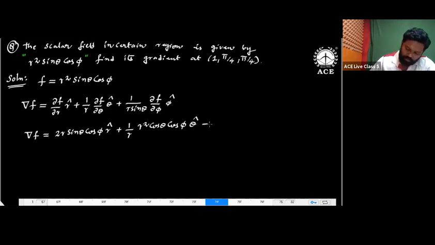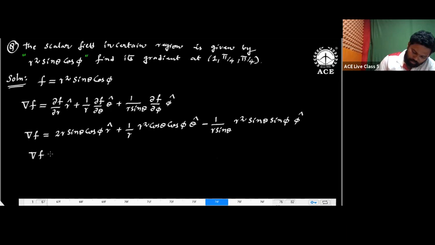So here it is minus of 1 by r sin theta into r square sin theta sin phi phi cap. So the gradient of f is equal to 2r sin theta cos phi r cap plus r cos theta cos phi theta cap minus r sin phi phi cap.